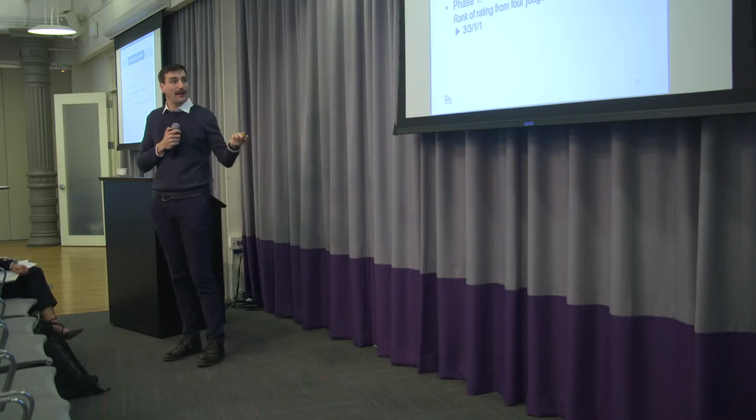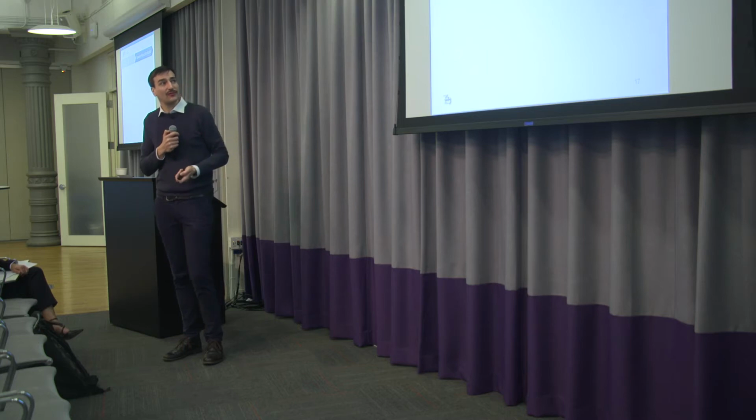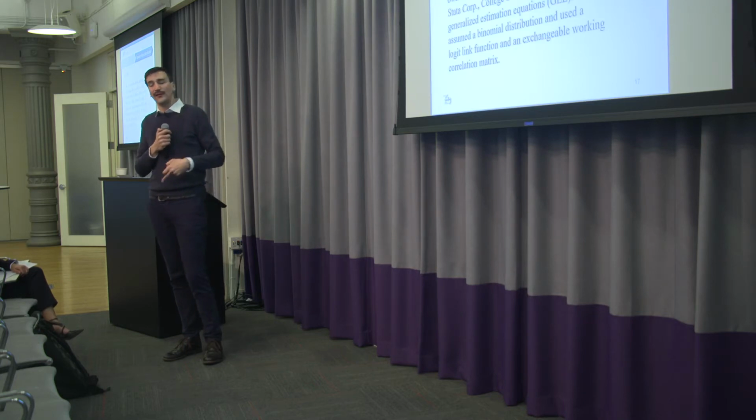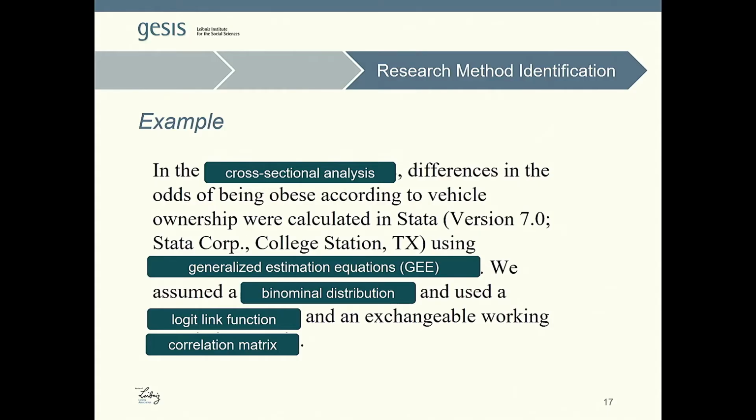In phase one, the ranking from the judges was quite good. The last point was the research method identification. We treated it the same as the first task: finding those mentions in the publication full text which are able to describe the research methods the best.